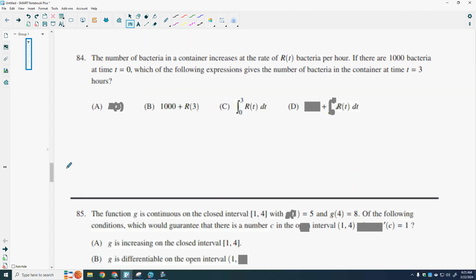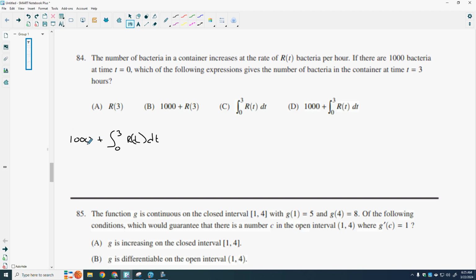We know time equals 0. So I'm going to integrate from 0 to 3 of R of t. And this will give me the amount of change in bacteria. I won't say increased because I don't know if it's positive or negative, but the change in bacteria from time equals 0 to time equals 3. But I have to include where we started at time equals 0.